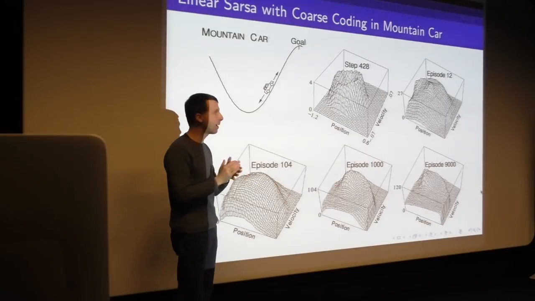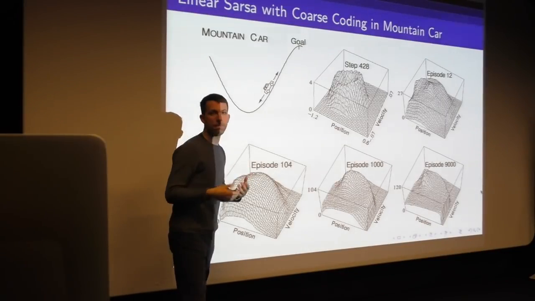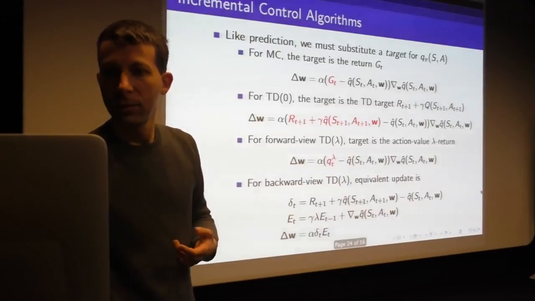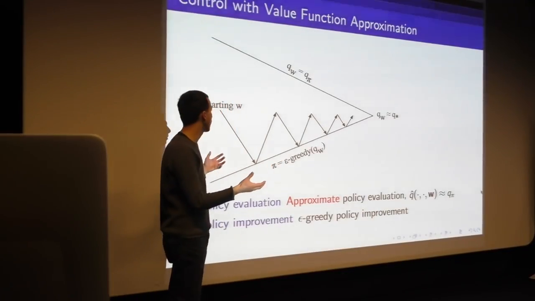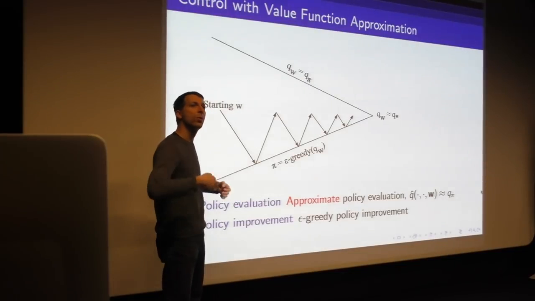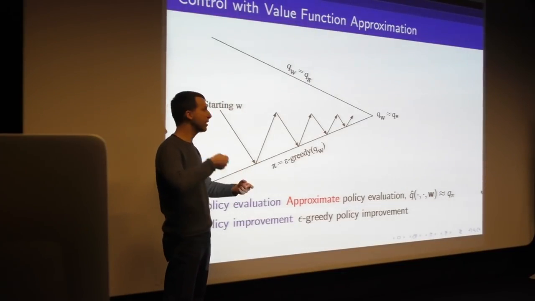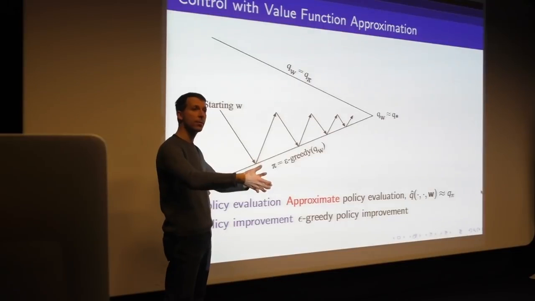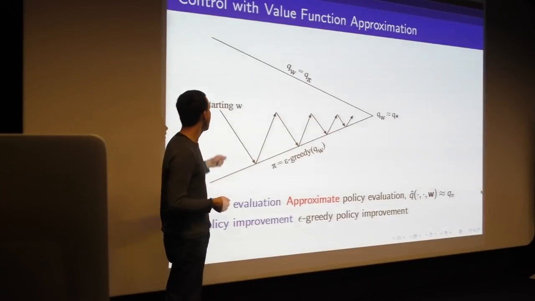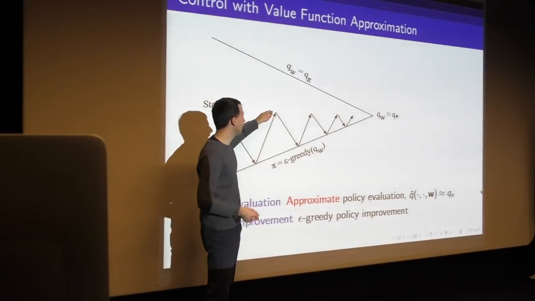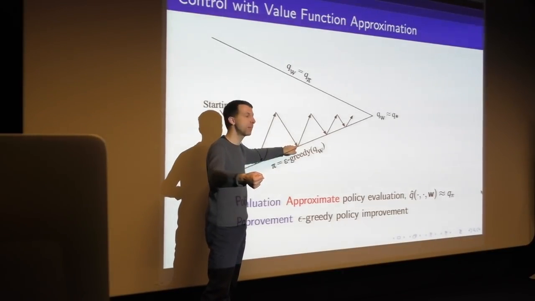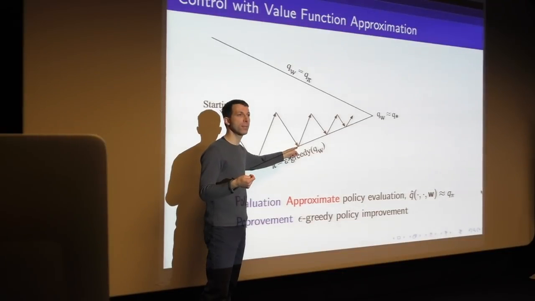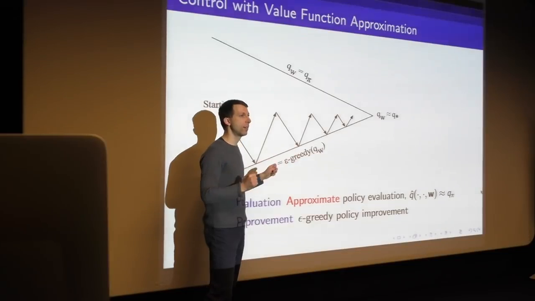If you remember, SARSA is literally the extreme case of this diagram here, where every single step we update our value function, in this case using a linear function approximator to estimate Q. Every single step we update Q, and every single step we act greedily with respect to Q to pick our next action, but we also flip a coin to see if we do something random to make sure we explore. That's SARSA. That's all it does.